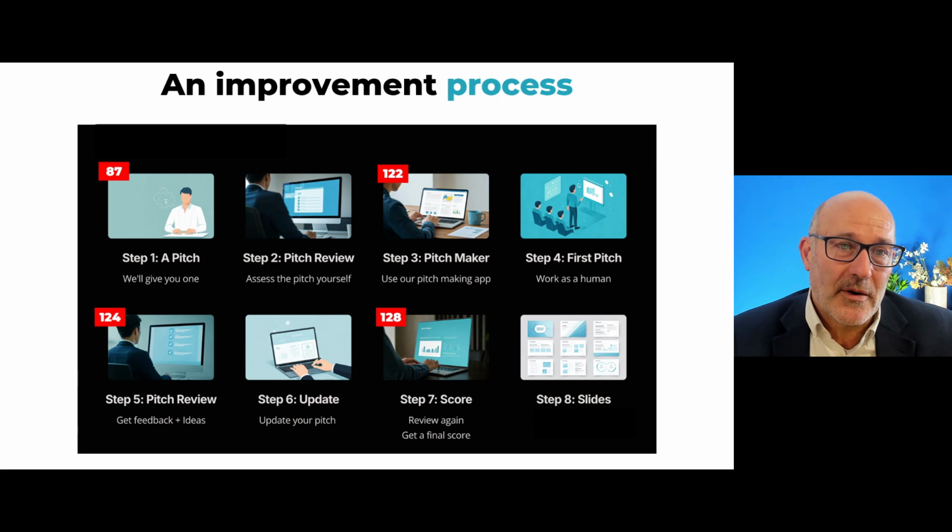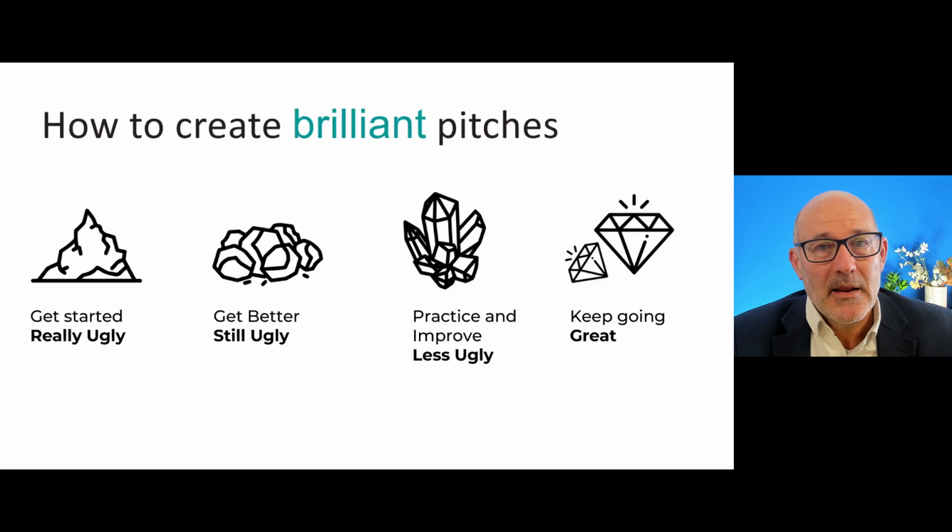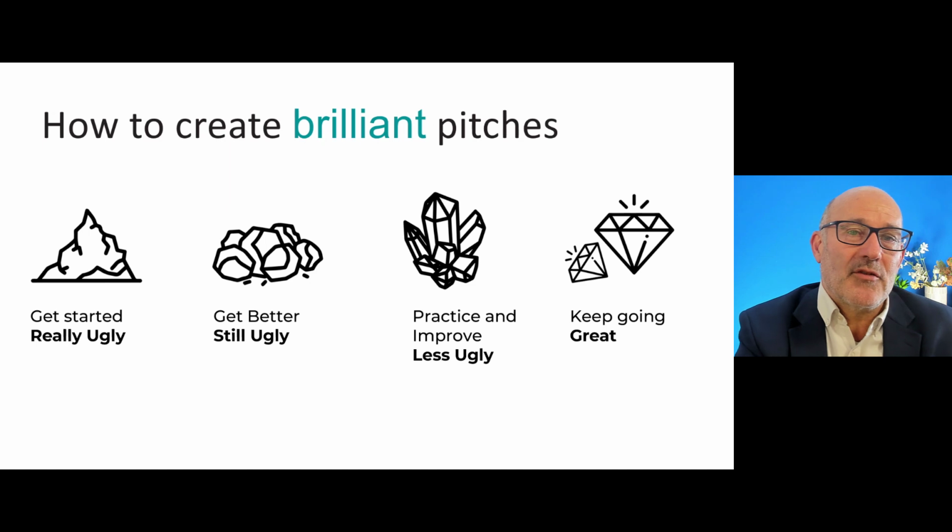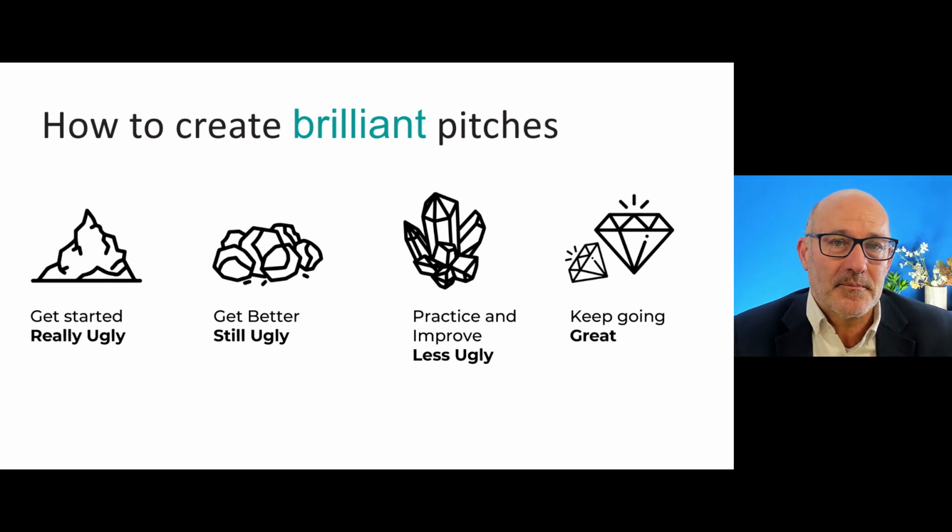We started out with a pitch that wasn't great, and it got better, better, and better. The process to make great pitches is you get started. You might have something that's a bit ugly. It gets a little bit better. It's still a bit ugly. You practice and improve. It's a little less ugly. You keep on going till it's great. It's like the process where coal is turned into diamonds. With pressure and effort, things become great.